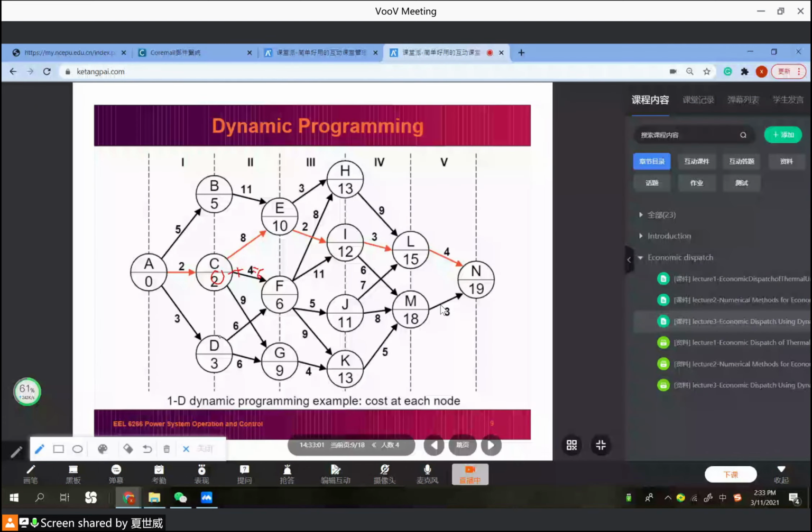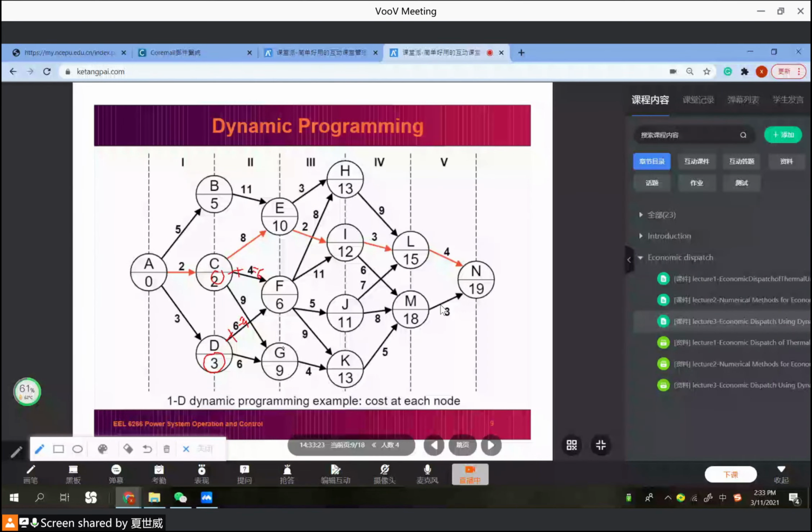If you travel from this ADF, because for D point the minimum is 3, 3 plus 6 equals 9. So if you travel C to F will be 6, D to F will be 9. So the better one is this one. Okay, so we just record the number here, 6.